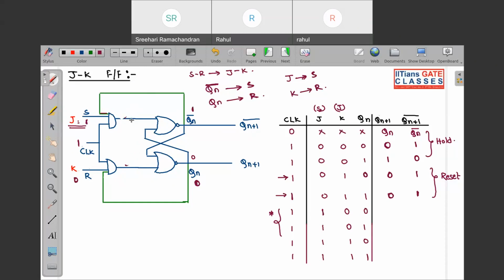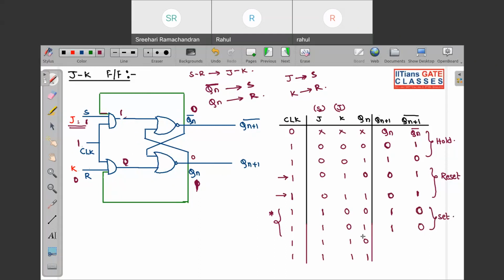If this is 1, this is 1, so obviously this is going to be 1, and over here this is 0. If this is 1, this will become 0 in the next state, and if this is 0, this will become 1. So your normal output is 1 and this is 0. Similarly, if you put once again, you will get 1 0. So these two are set case.